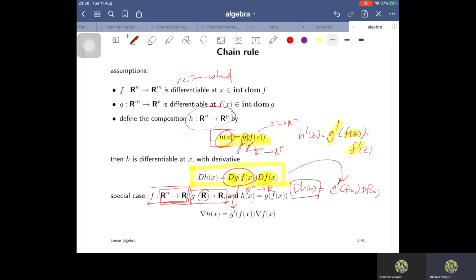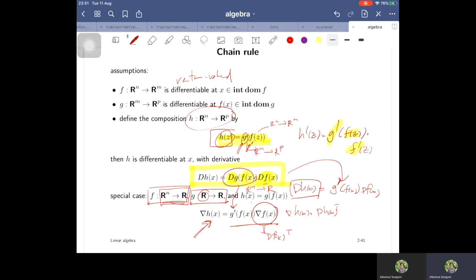For convenience, we just use the term gradient instead. The gradient is the Jacobian matrix transpose, so it's going to be G prime Fx and the gradient of Fx, because the gradient of Fx is dFx transpose.